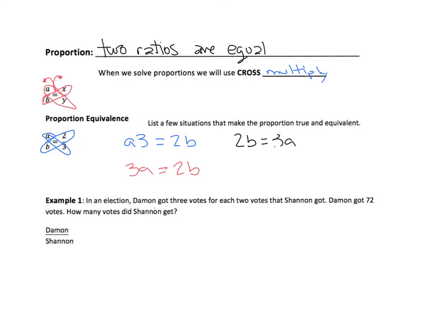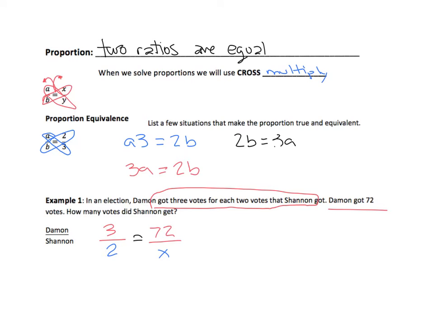In the first example, we know that Damon got 3 votes and Shannon got 2 votes. We're setting up a proportion, so equals. Now, in the second part of this problem, we know Damon got 72 votes, but we have no idea how many votes Shannon got. So that's our proportion setup.